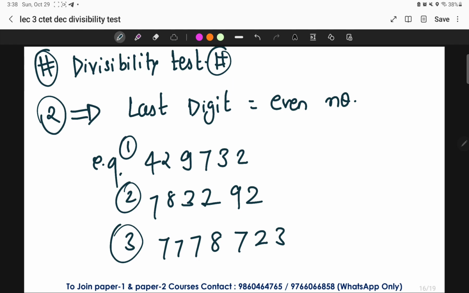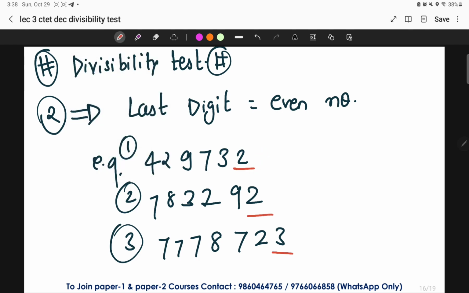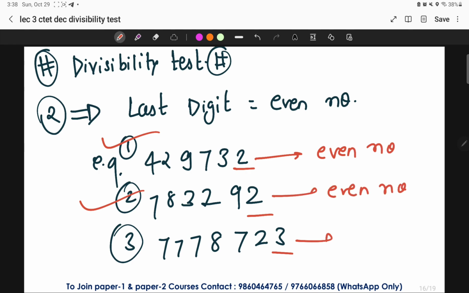If you look at these examples, you just have to focus on the last digit. To check whether the given number is divisible by 2 or not, we just have to check the last digit. In examples 1 and 2, the last digit is an even number, but in example 3, the last digit is an odd number.